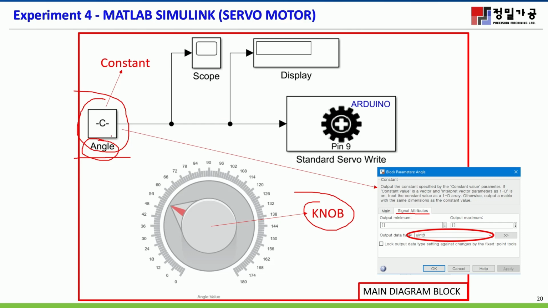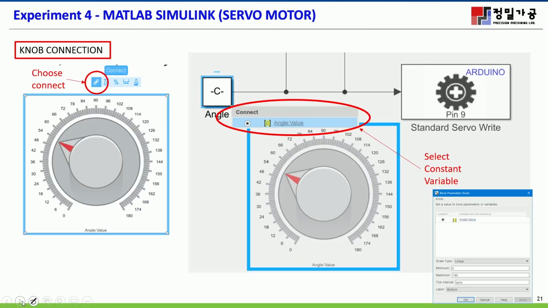And yeah, we basically give the input using this variation of the knob from 0 to 180 degrees. For the connection, you have to connect this knob to the constant angle here.